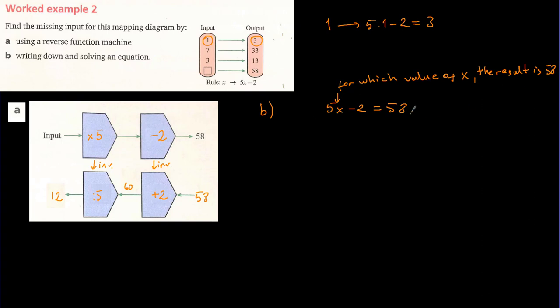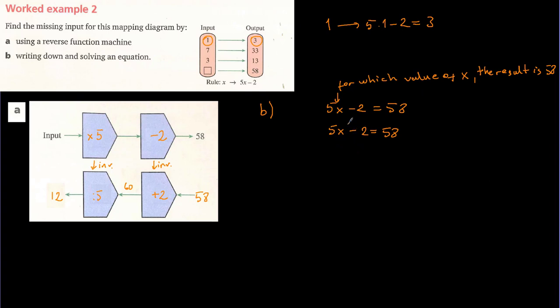Actually, this sentence means that. For which value of x? The result is 58. So 5 times x minus 2 is equal to 58. I rewrote that. Now I'm going to apply the equation solutions.